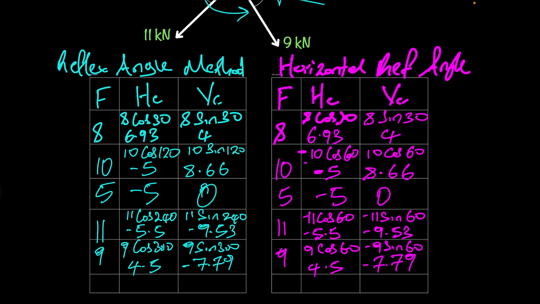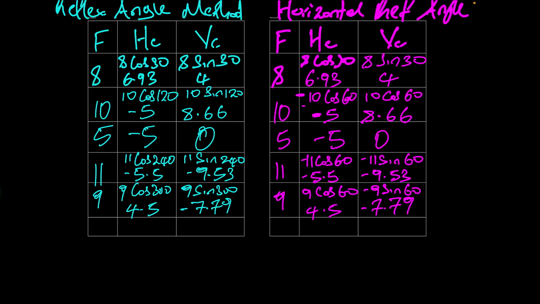So this now is negative 7.79. And of course, if you get to this point, you now need to find the magnitude and the resultant of the force components. So let's do that now and complete the entire question. What we have to do now is sum up our column for the horizontal and vertical components.